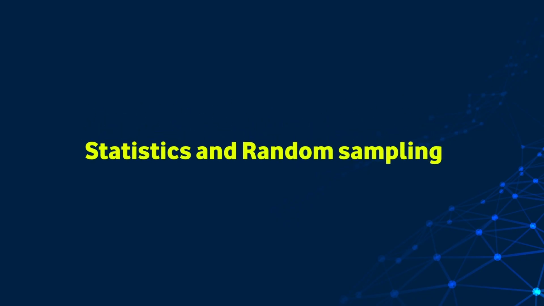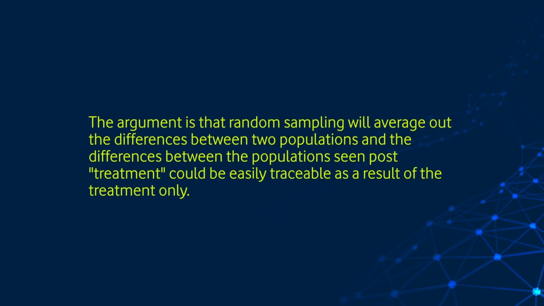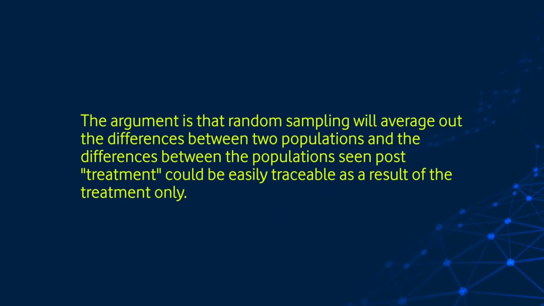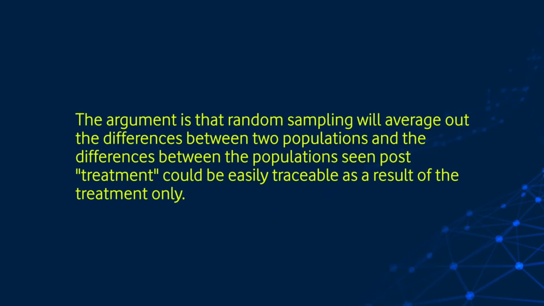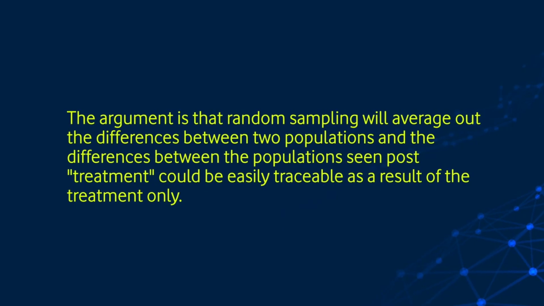We are going to talk more about sampling and hypothesis from our preceding session, and random sampling and statistics is something which is a very routine affair. Statistics derives its power from random sampling. The argument is that random sampling will average out the differences between two populations, and the differences between the populations seen post-treatment could be easily traceable as a result of the treatment only.